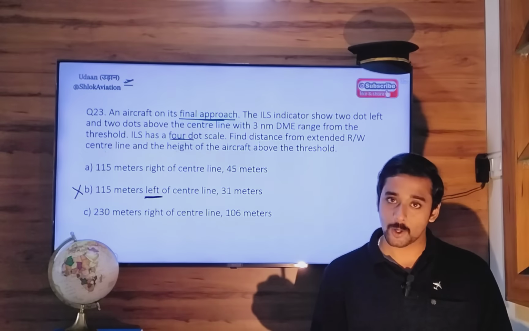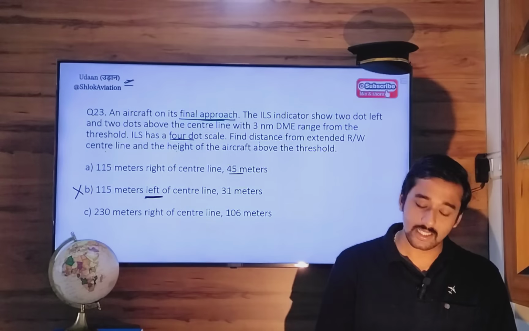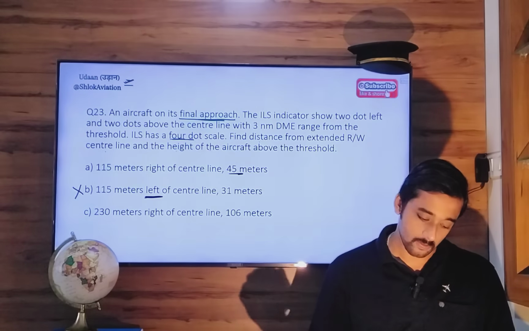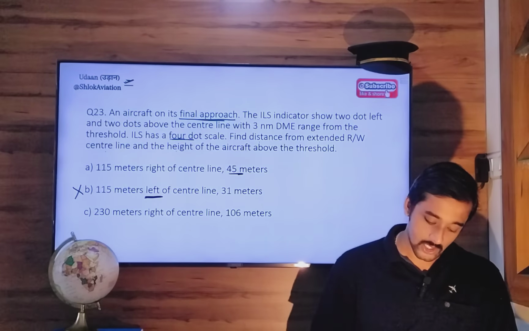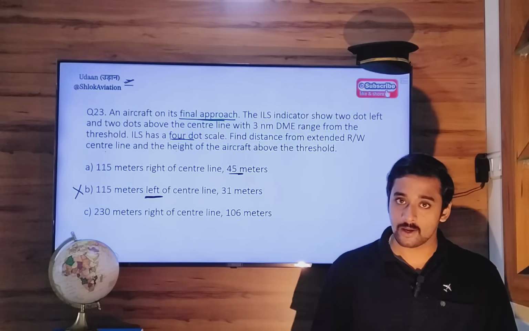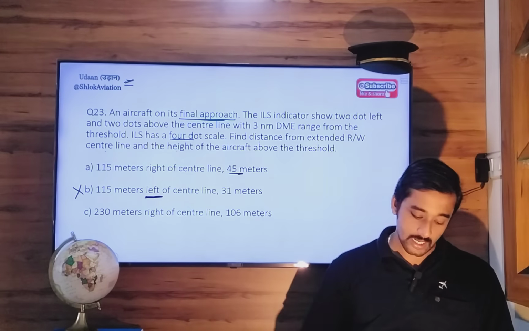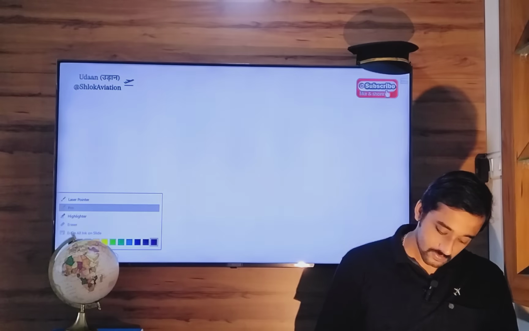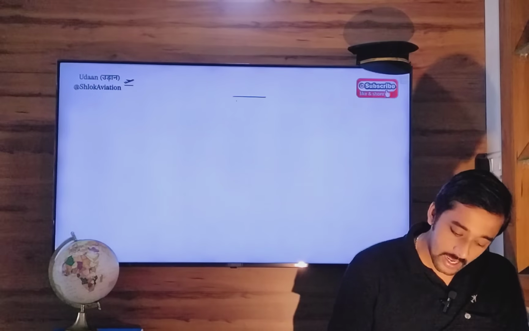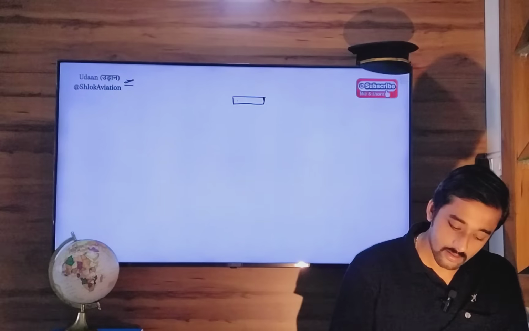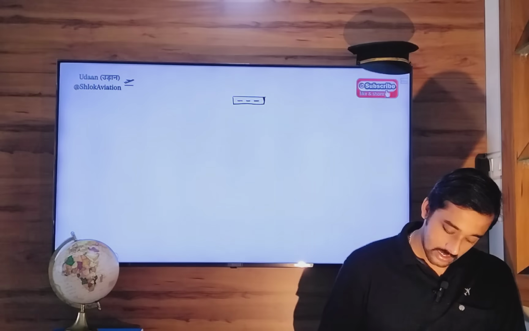But before marking that option, now we will find the distance aircraft is below the glide slope. Aircraft is below the glide slope, and we will check the value that we get, and then we will come to a conclusion whether option A is really the right answer or we have made some error somewhere. So for glide slope, I am going to draw this perspective.